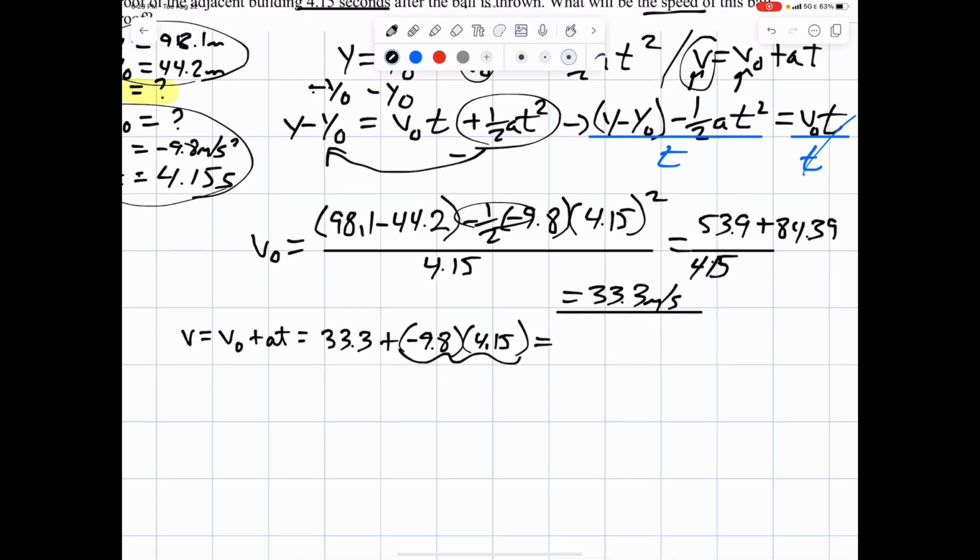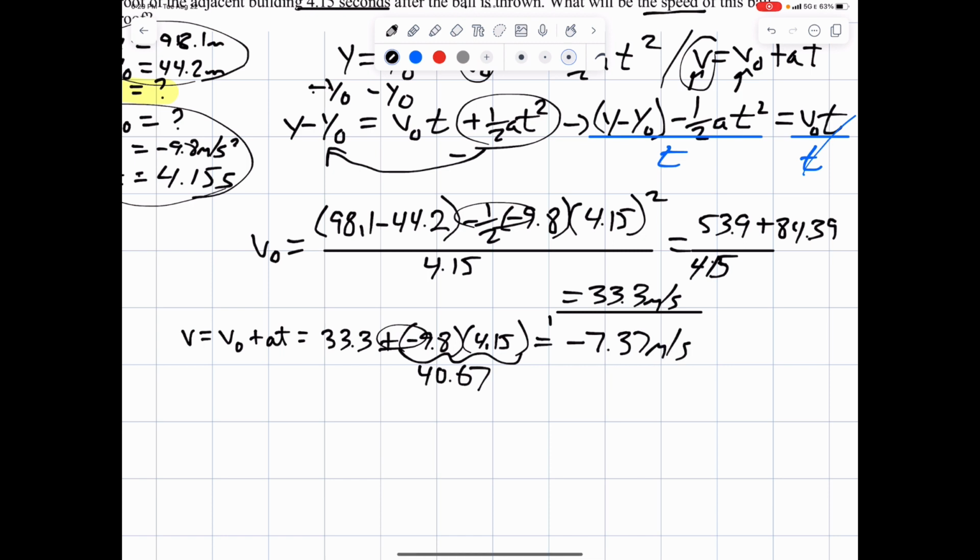Well, 9.8 times 4.15 is 40.67. So if I subtract them, plus a negative is a subtract, 33.3 minus 40.67, and I end up with a velocity of negative 7.37 meters per second.